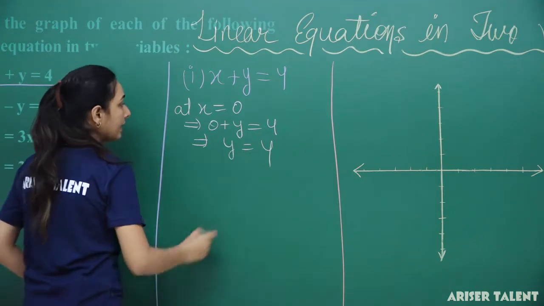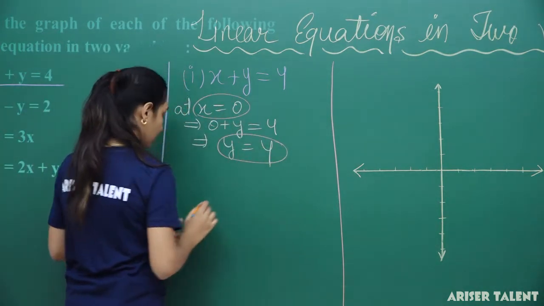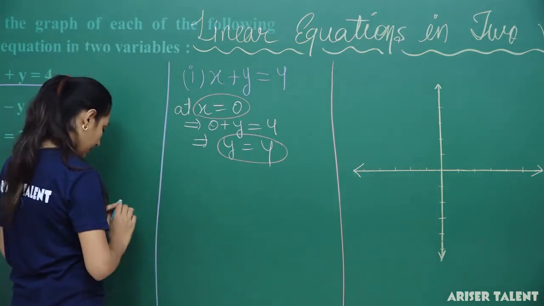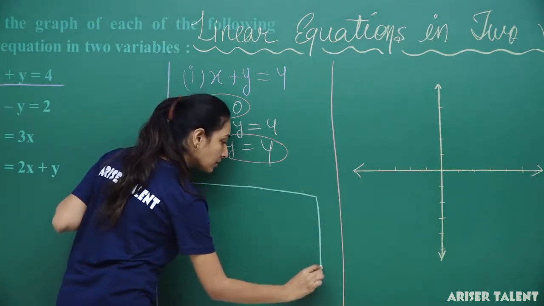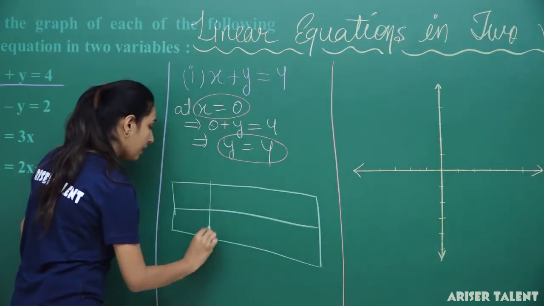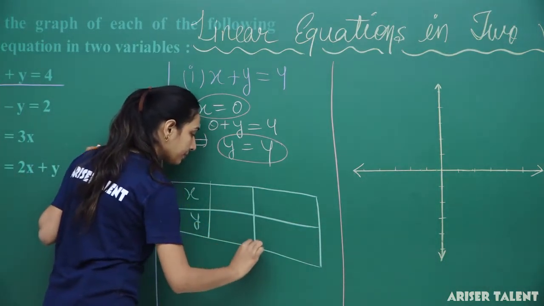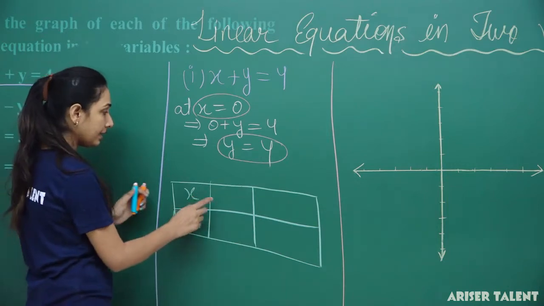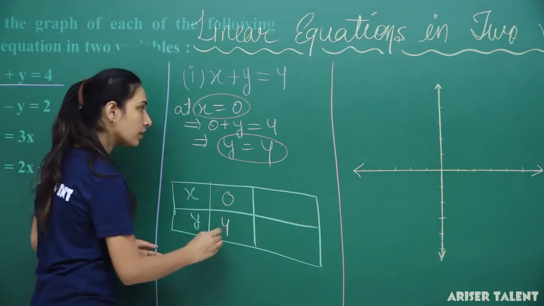Simple, at x equals 0, y equals 4. So I can draw a table like that, where I get the value of y by putting the value of x. At x equals 0, I got y equals 4.